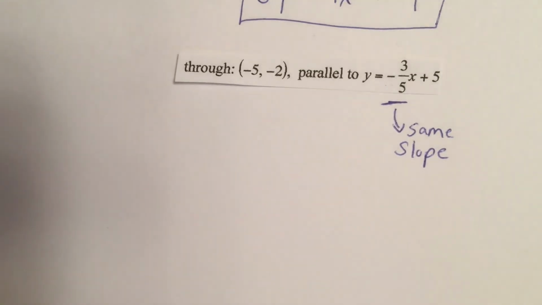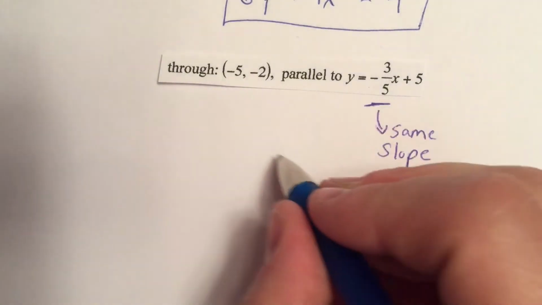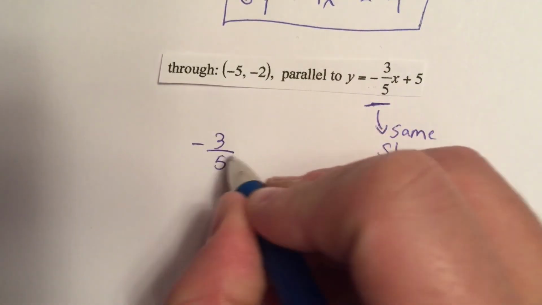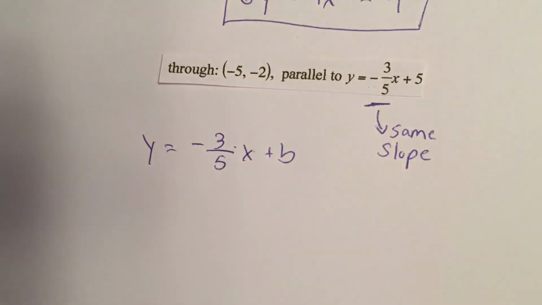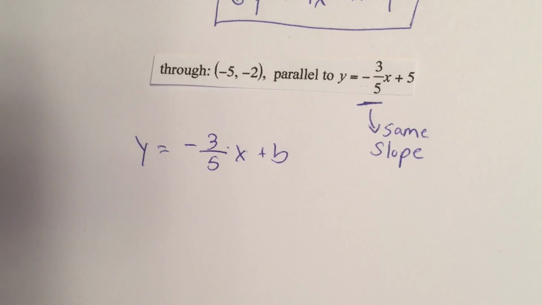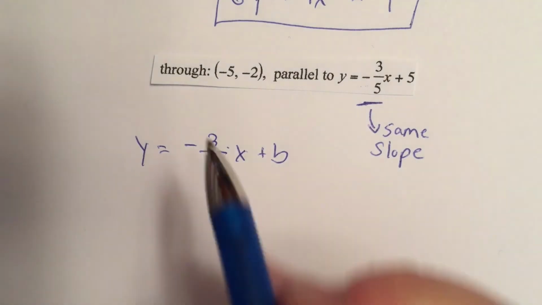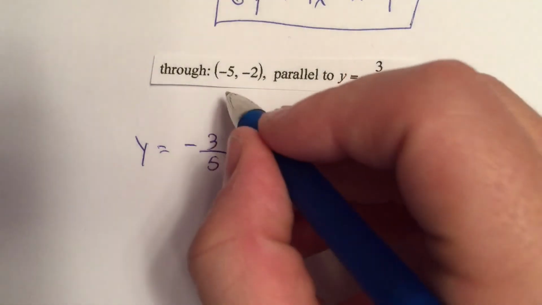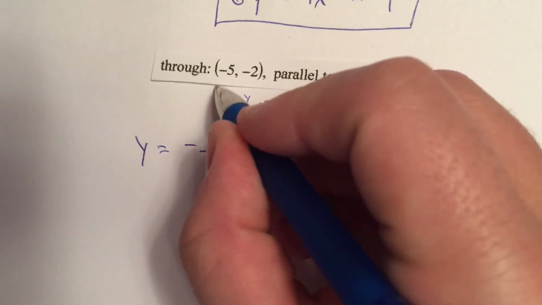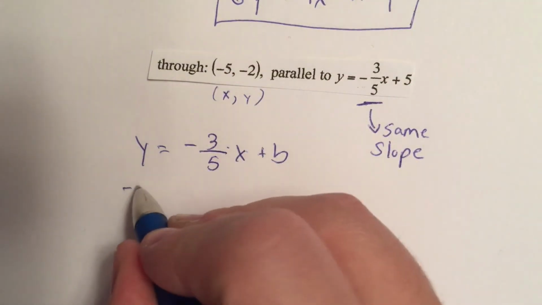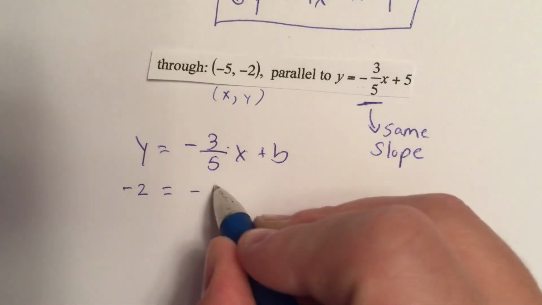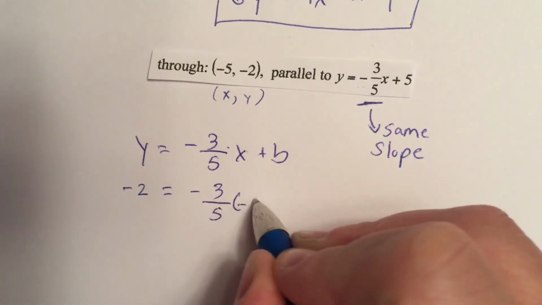So the slope here is -3/5. The difference is we have different y-intercepts. So now we have to find what the new y-intercept is. We do that by plugging the point into our equation to see if we can find that y-intercept. So our y is -2 and our x is -5.